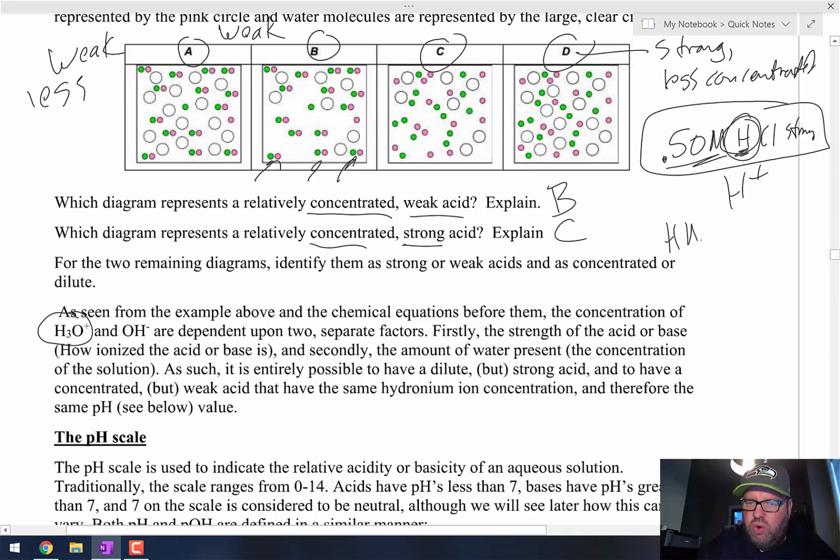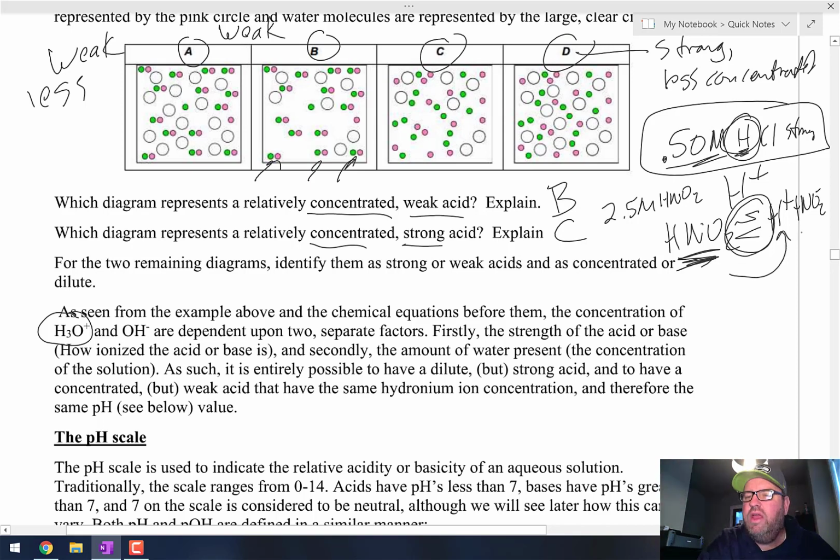But with HNO2, very, very few of these are actually going to form and stay as H+, because again, you have that equilibrium system. So let's say we have 2.5 molar HNO2. Still, most of that HNO2 is going to remain as HNO2. Very, very little of it is going to break into H+. So you have to have a much, much higher concentration of a weak acid to get the same concentration of hydrogen ions in that weak acid solution as you do in the strong acid solution.